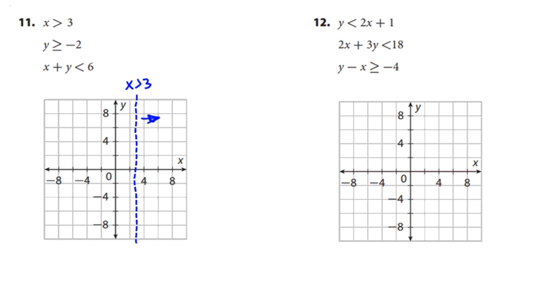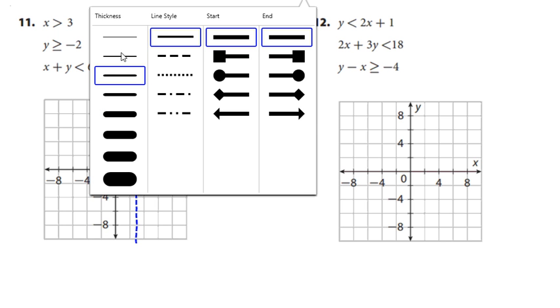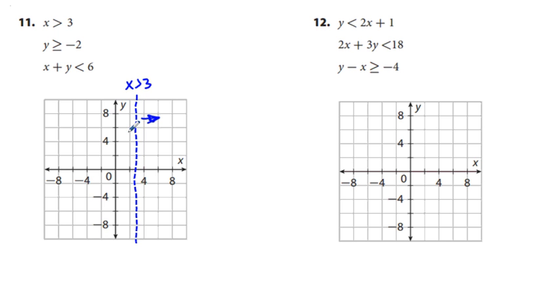Okay, y is greater than or equal to -2. So I'm going to go get a solid red line, and -2 is right here. So y greater than or equal to -2, so we're going to go up like this. And we have a third inequality.